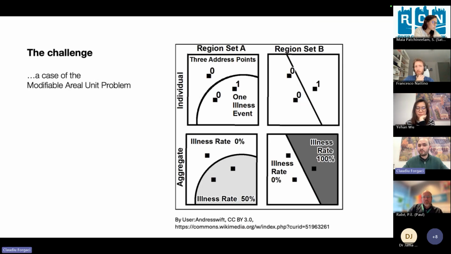And this is a case of the so-called modifiable areal unit problem. This is a fundamental problem in geography, according to which, depending on how you draw the boundary around the phenomenon, the conclusions that you draw about that phenomenon can be different.